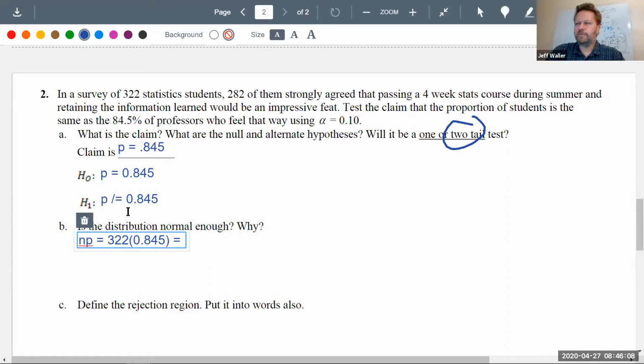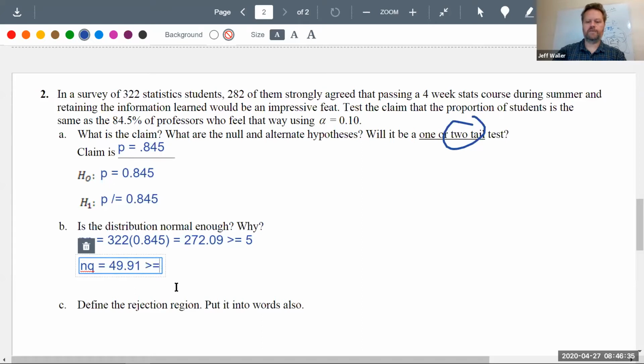Is it like 150 to 390? 272? 272.09. Okay. That is definitely at least 5. And then nq, no, Jeff. And then nq would be 49.91. Yes. And that is at least 5. So therefore, we can use z-scores. If that wasn't true, we couldn't do anything.